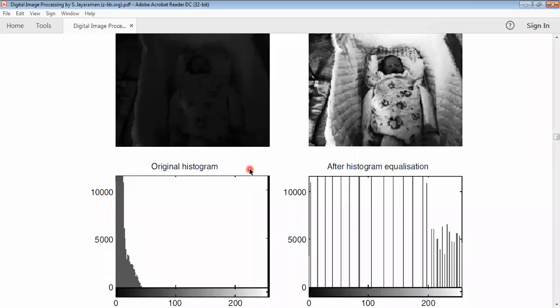Thousands of pixels are there. If we calculate 256 by 256, it is in the thousands of pixels.